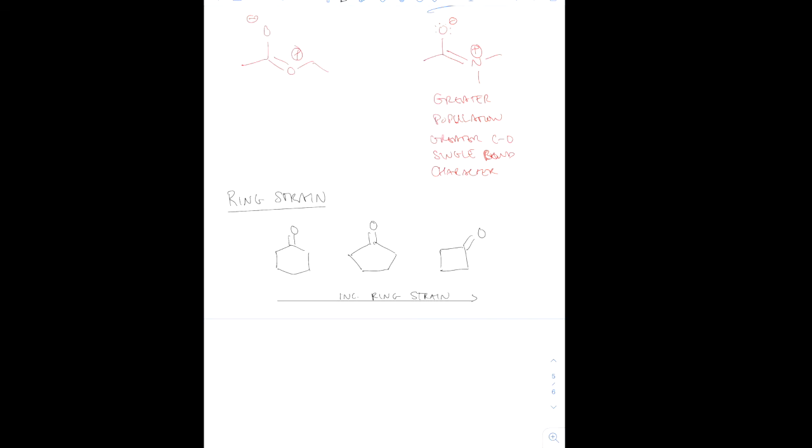Okay, and along with that increased ring strain, we get an increase in the wave numbers. And so this one is 1715. It's actually pretty typical for a ketone in general, even for the straight chain ones. And then 1745 for this guy, and then we've got 1780 for this guy. And that is the general trend. Increased ring strain equals increase in wave numbers, and this is due to the decrease in bond angles of that ring.